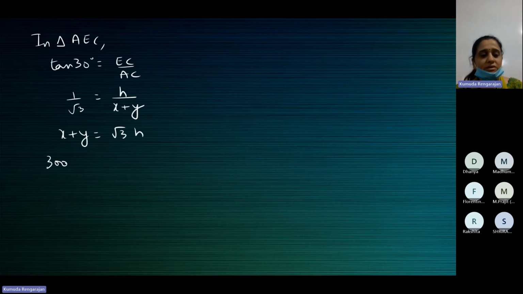Now X is 3000. So 3000 plus Y is equal to root 3H.